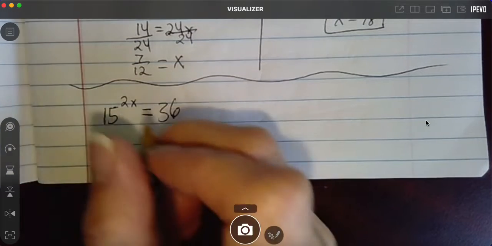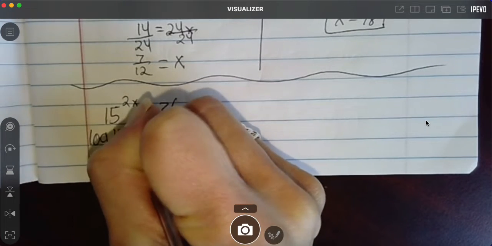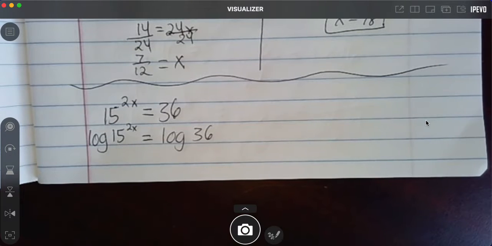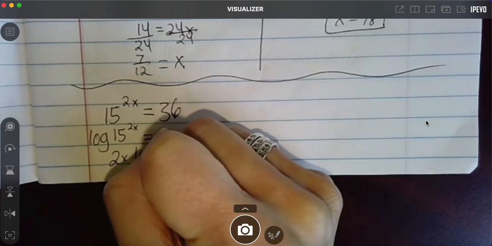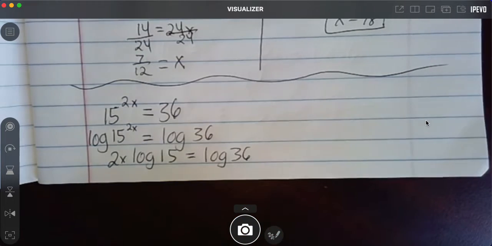Okay, so watch. I'm going to write log of 15 to the 2x equals the log of 36. Now the 2x can move to the front, right? So 2x log 15 equals the log of 36.